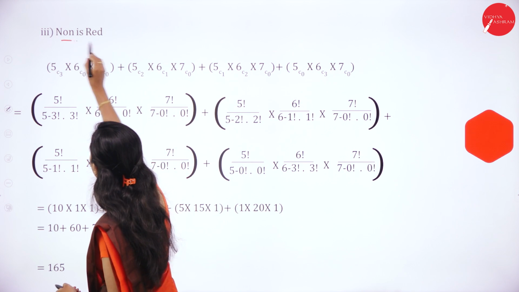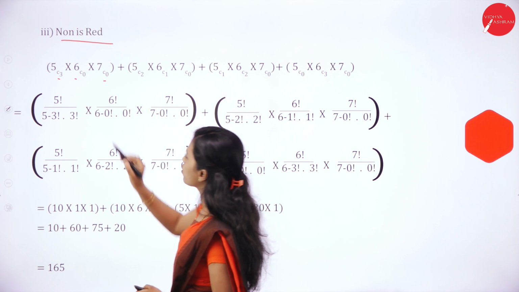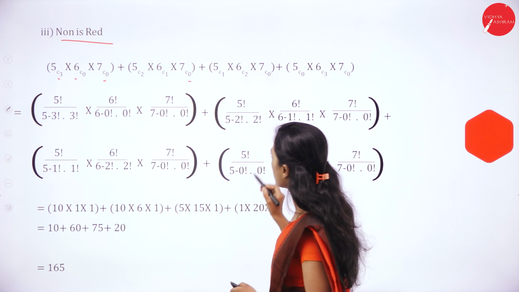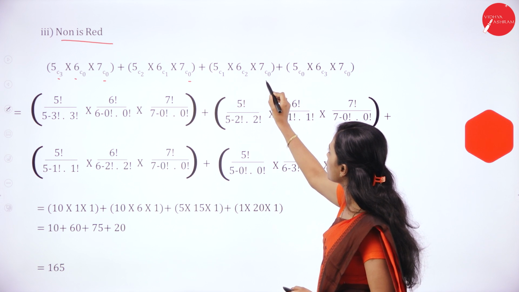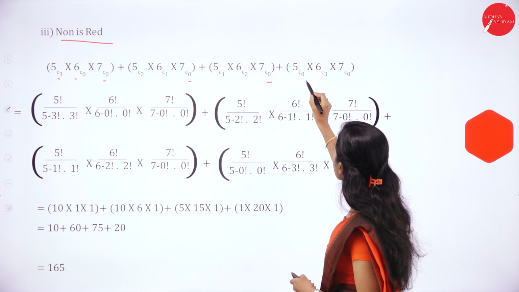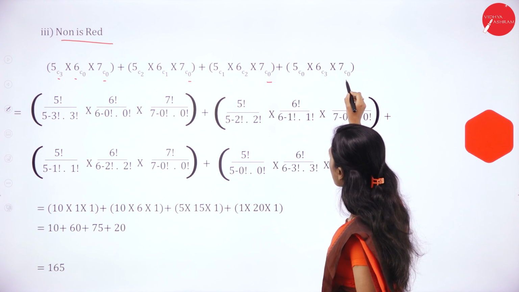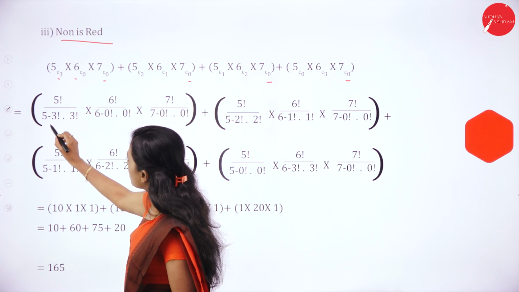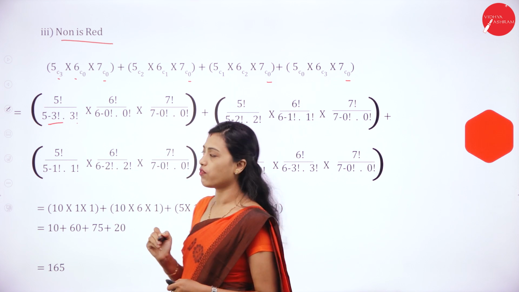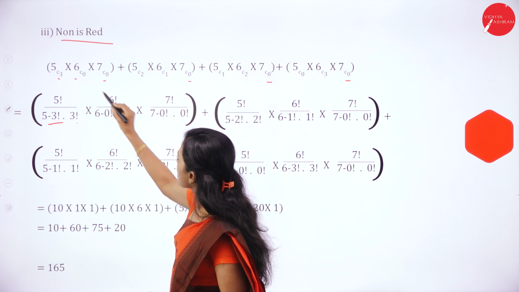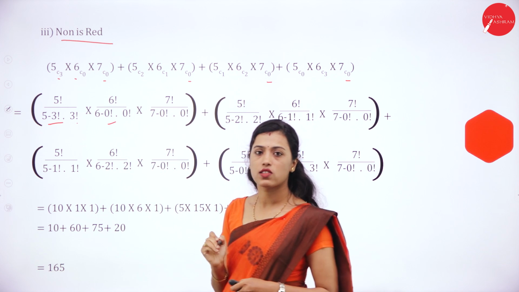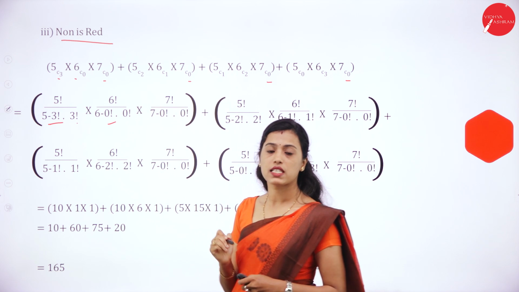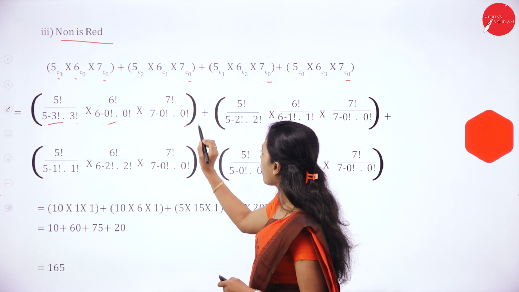So none is red: 5C3 into 6C0 into 7C0 plus 5C2 into 6C1 into 7C0 plus 5C1 into 6C2 into 7C0 plus 5C0 into 6C3 into 7C0. 5C3 means 5 factorial divided by 5 minus 3 factorial into 3 factorial, into 6C0 means 6 factorial divided by 6 minus 0 factorial into 0 factorial, into 7C0 is 7 factorial divided by 7 minus 0 factorial into 0 factorial.